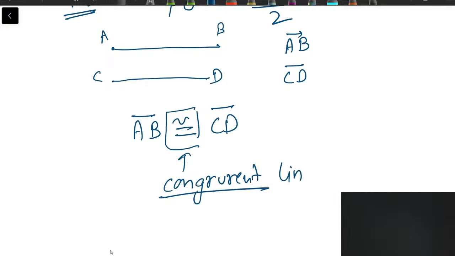It is a congruent line segment. So these two lines are congruent, and I say AB is congruent to CD.